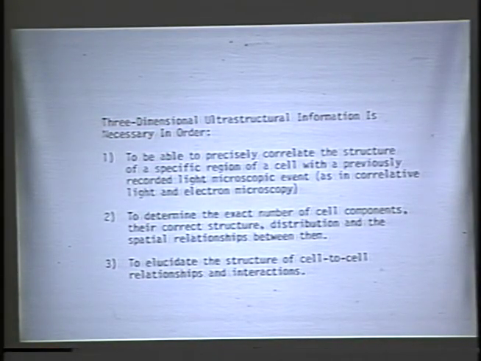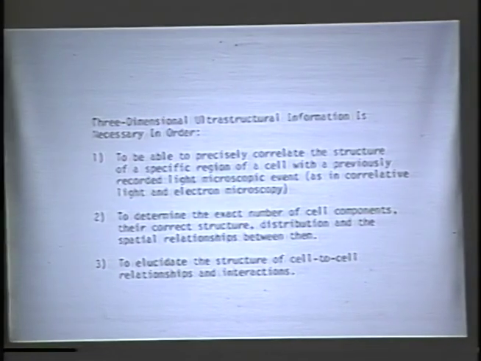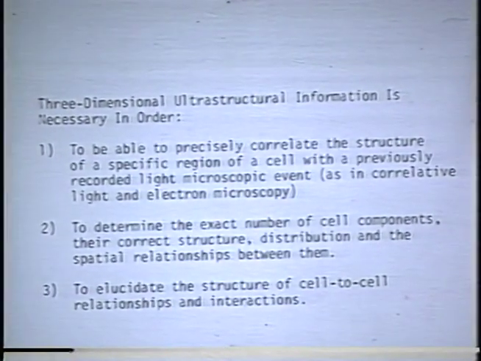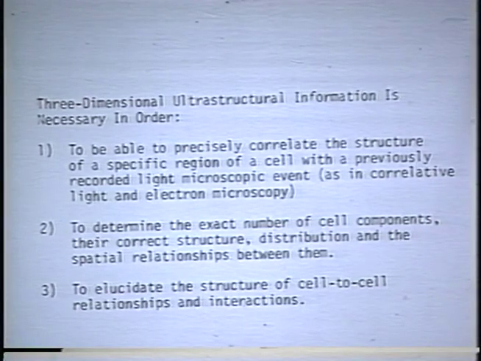So why do we need the third dimension in studying structures? Well, here are three reasons. One, to correlate our ultrastructural observations with light microscopy. Second, to learn about the spatial relationships between organelles or structures of interest.